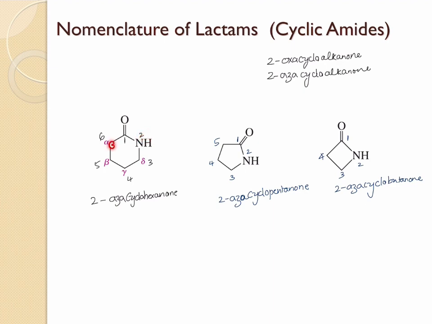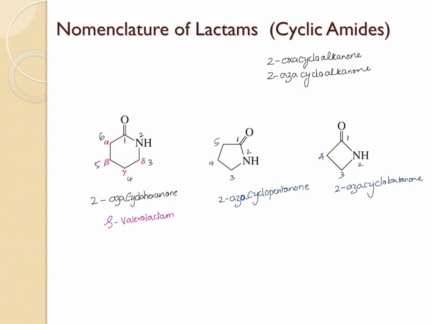This carbon needs to be alpha. So for this one, it's going to be delta-valerolactam. Why? Because it is the delta carbon that is connected to the nitrogen. And you have a total of 1, 2, 3, 4, 5 carbons, and therefore we have the prefix valero.